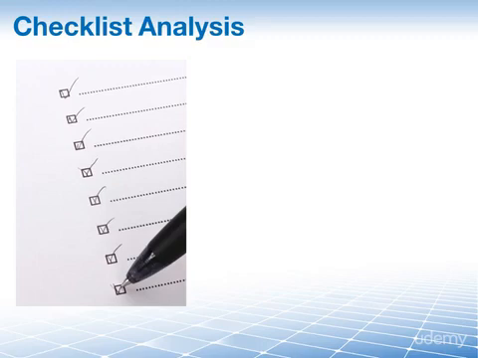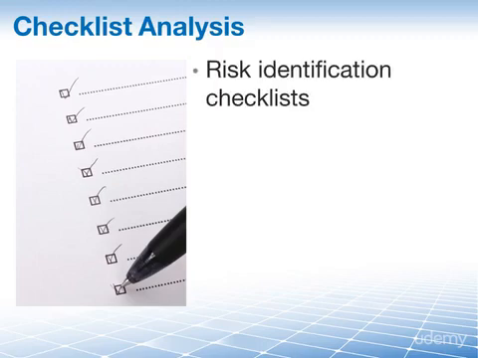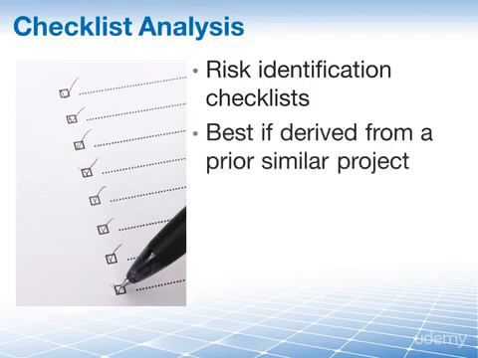Risk identification checklists are typically part of an organization's process assets that have been derived from historical information and come from prior projects. Those that come from previous projects that are very similar to your current project are of course the ones we want to analyze.